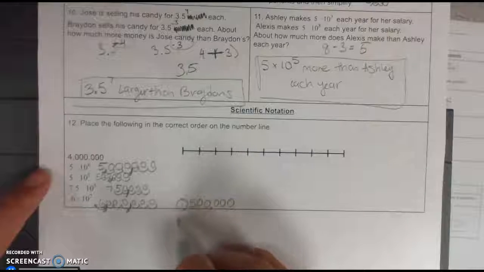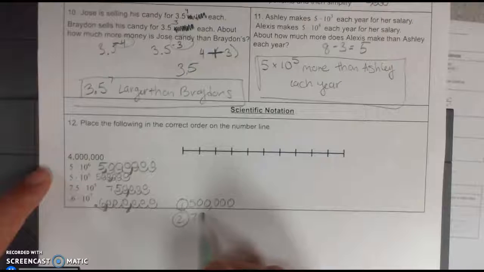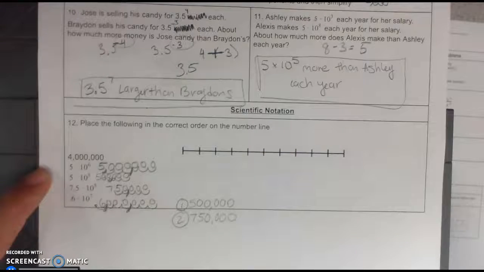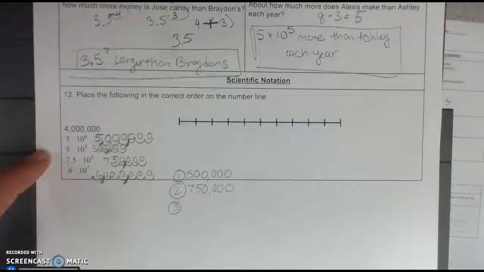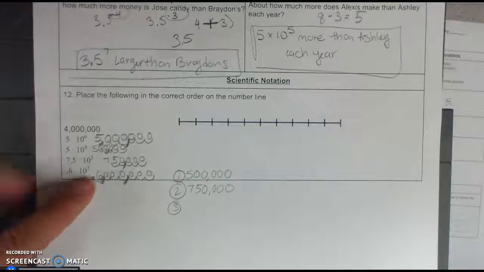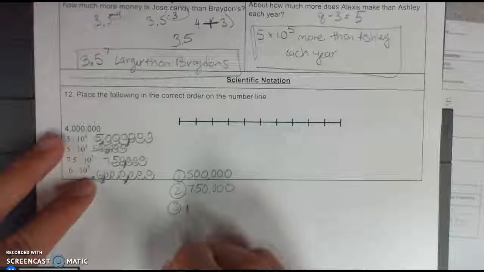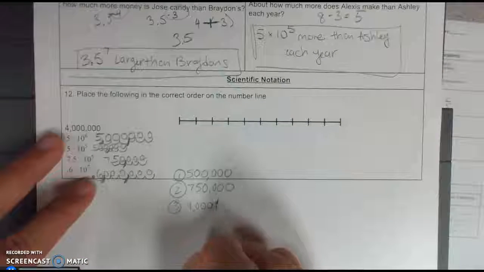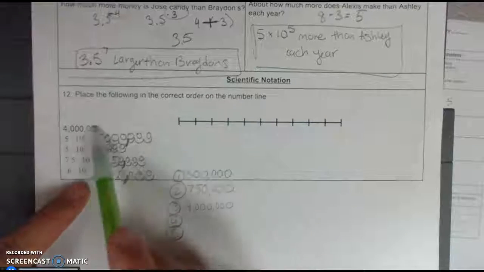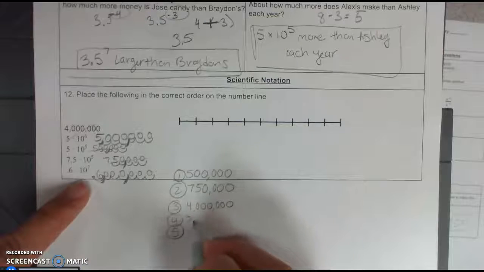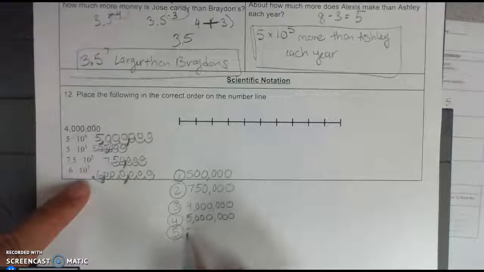Then my next one is going to be 750,000. And for my third one, it's going to be 4 million, because I already got those ones. After 4 million, I have 5 million. And then my last one, 6 million.